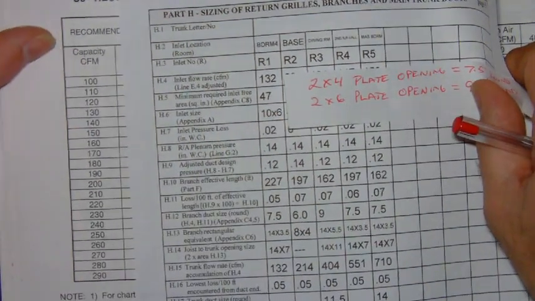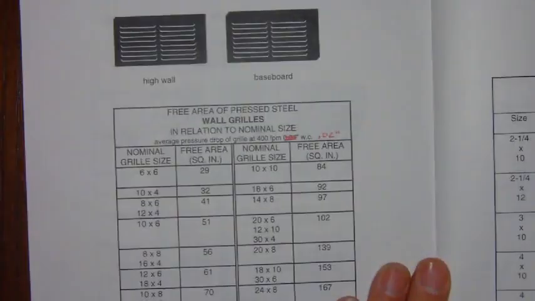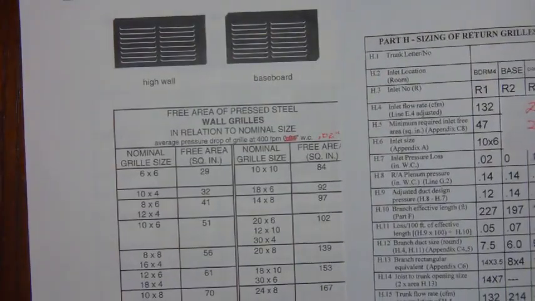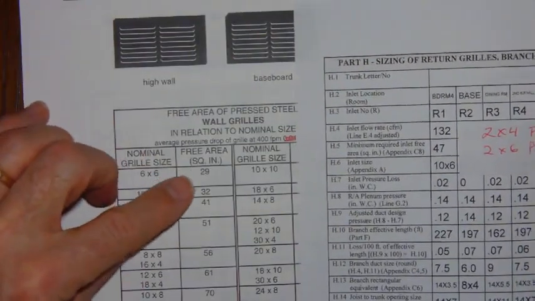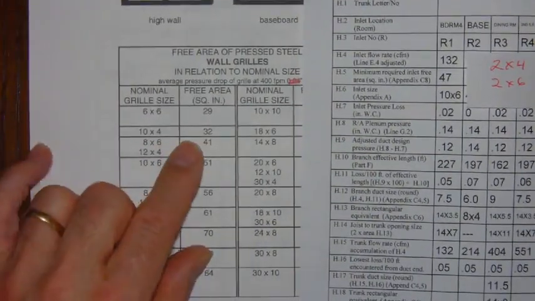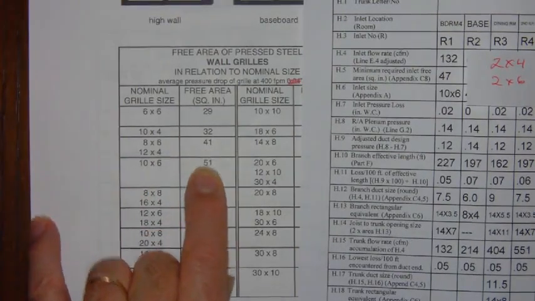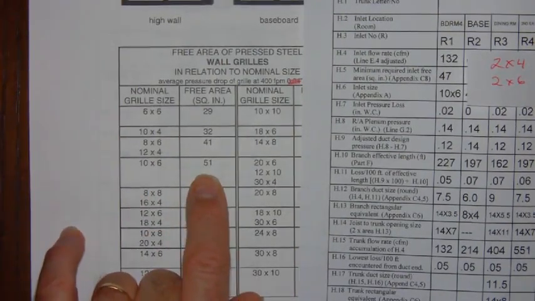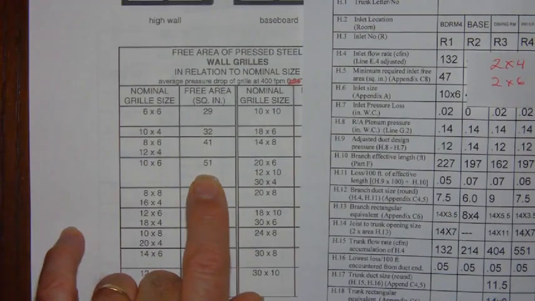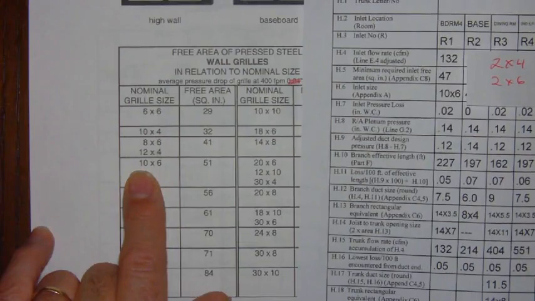Now flip back to your grill page and find which grill gives us 47 square inches. We've got 41 square inches and then 51 square inches. So we need to go with 51 square inches, which would be a 10 by 6.